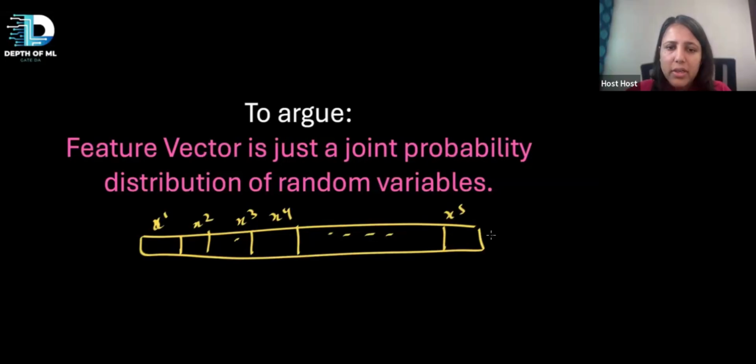This feature vector is nothing but it's coming from a joint probability distribution of random variables. How are these random variables interacting with each other? It's coming from there. If it's not clear, it'll be clear now.